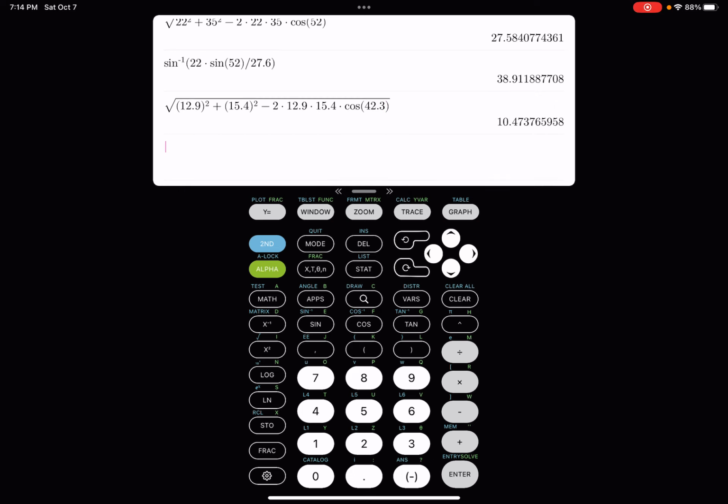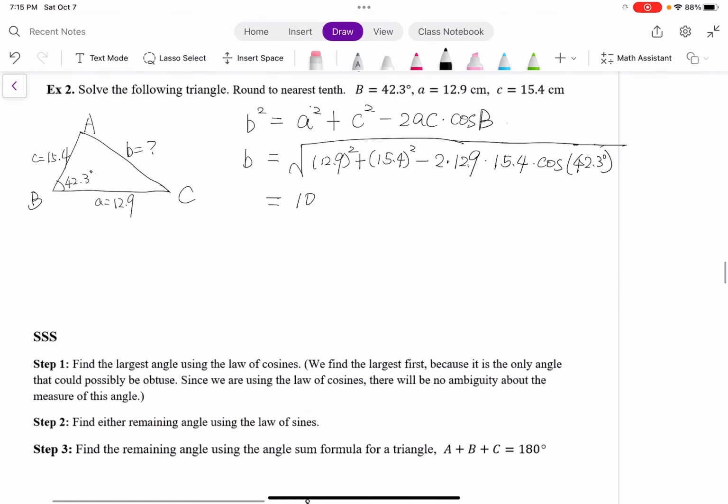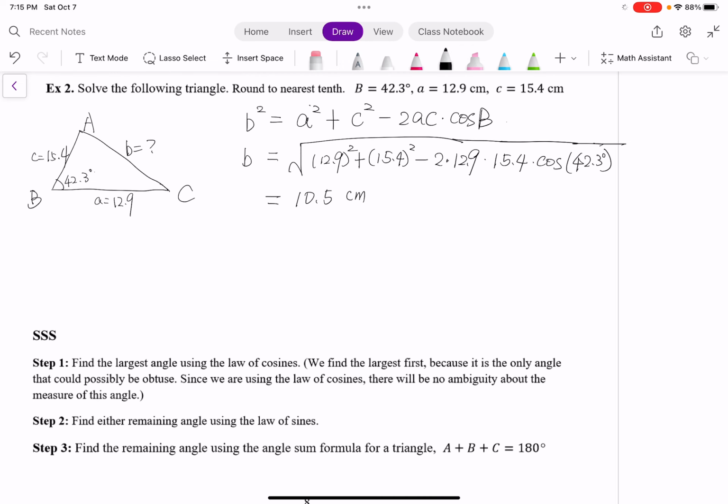Then hit enter. So we are having 10.4737 something. Round to the nearest tenth, we have 10.5. It's 10.5, and the unit is also centimeter.